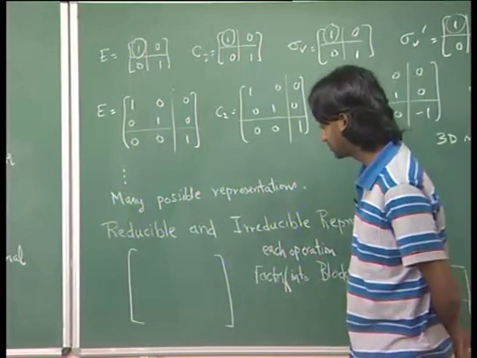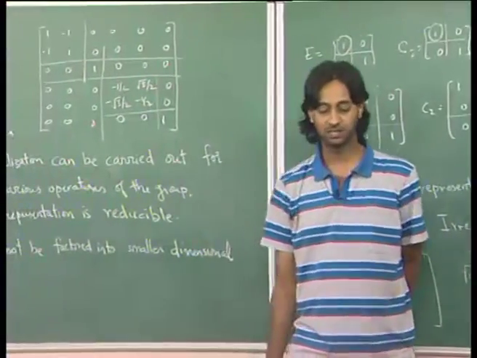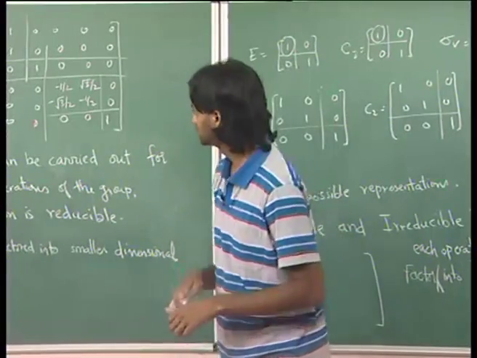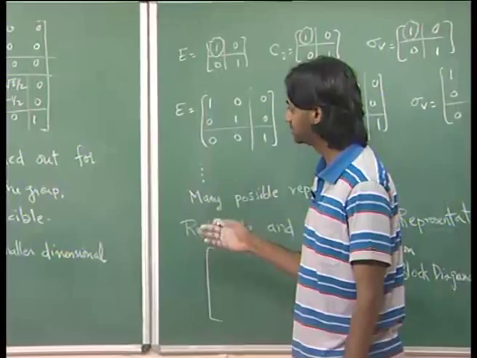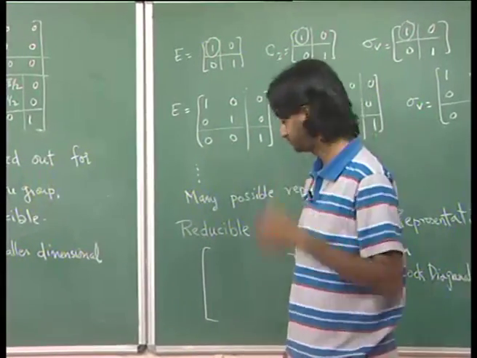So, the character of any 2 elements in any representation will be identical if the 2 elements are in the same class. Okay. So, in the next class we will look at the great orthogonality theorem and what it tells you about the various representations that are possible. Okay.